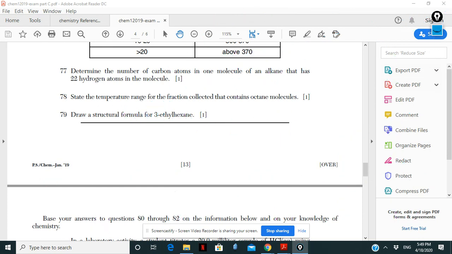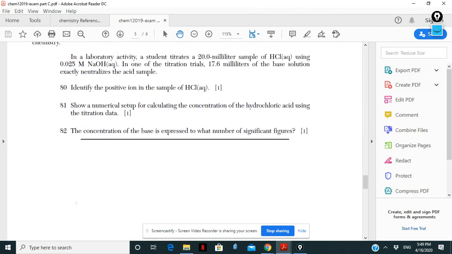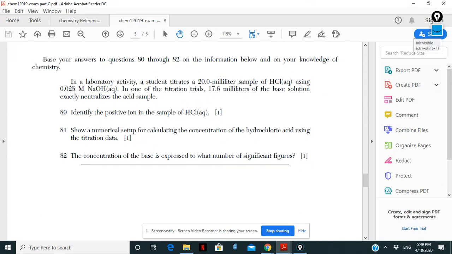Question number 80 to 82. Now in a laboratory activity, students titrate a 20 milliliter sample of hydrochloric acid using a 0.025 molar solution of sodium hydroxide. In one of the titration trials, 17.6 milliliters of the base solution exactly neutralize the acid sample.